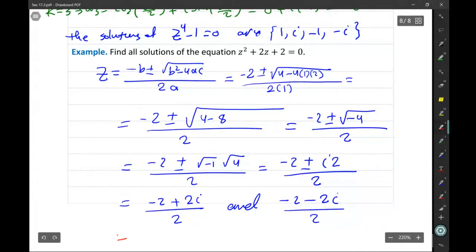When you divide, it finally becomes minus 1 plus i and minus 1 minus i.